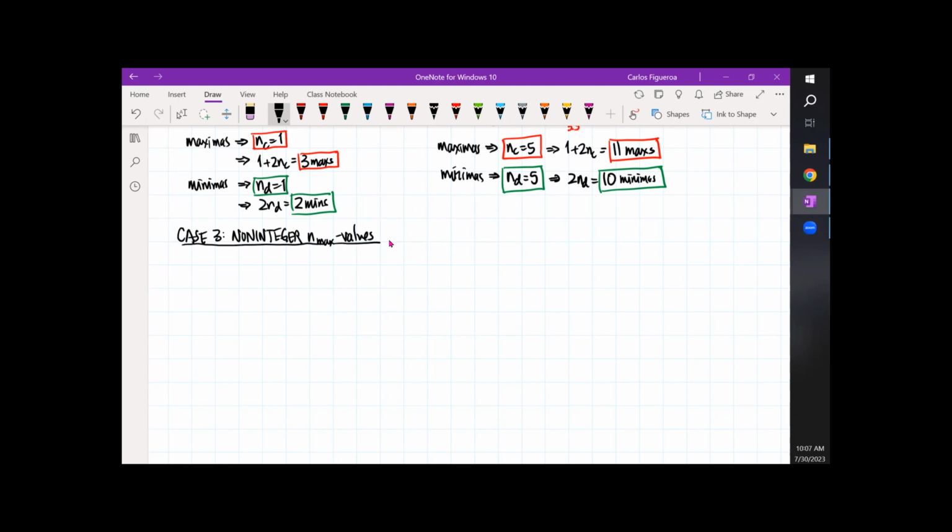So let's look at a couple values of Nmax being a non-integer.